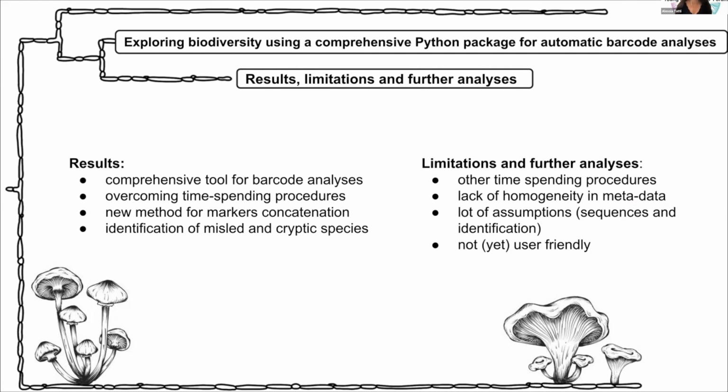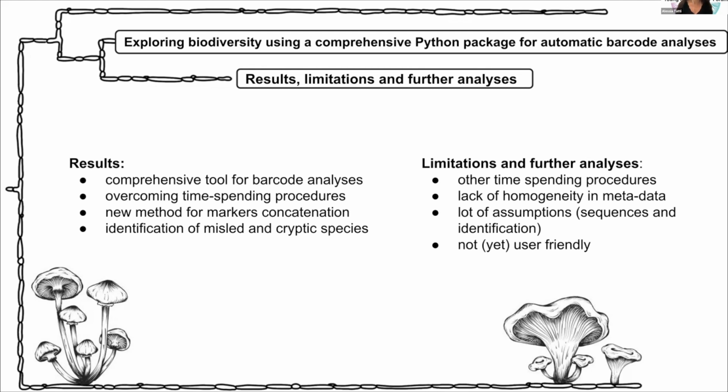And it gives you a new method for marker concatenation, and also it permits you to identify misassigned and cryptic species. However, it has some limitations, with time-consuming procedures such as the BLAST search.